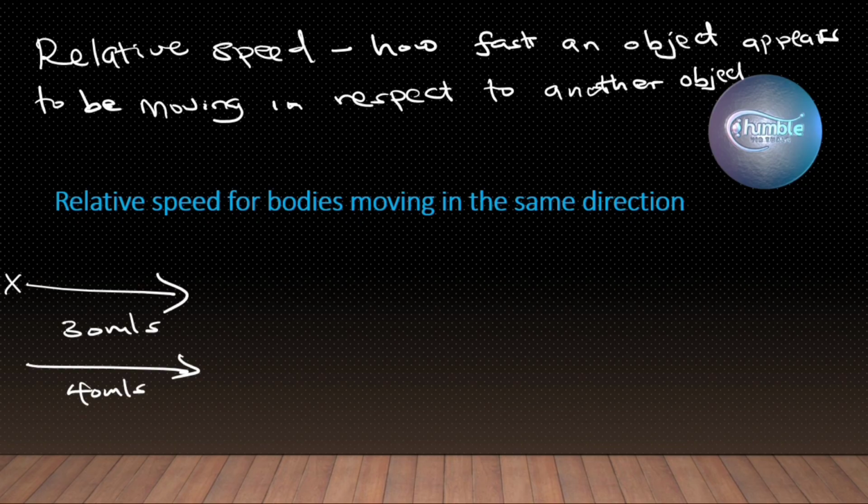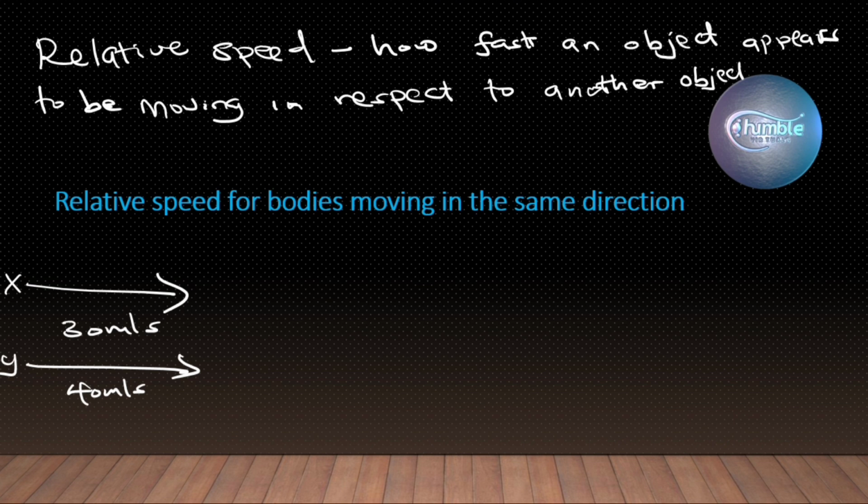If this is body X and this is Y, then you have to determine which of the two between X and Y is moving faster than the other. And then you determine by how much that particular body is moving faster compared to the other one.